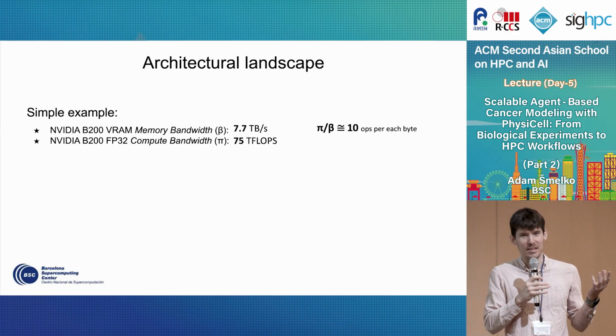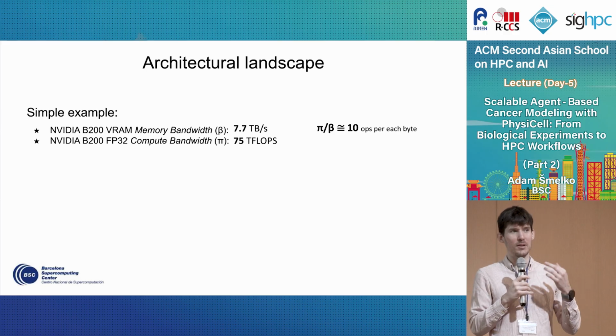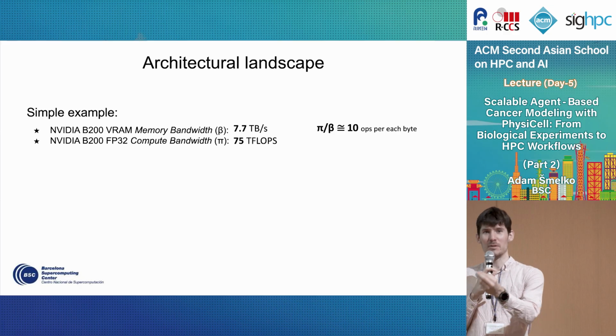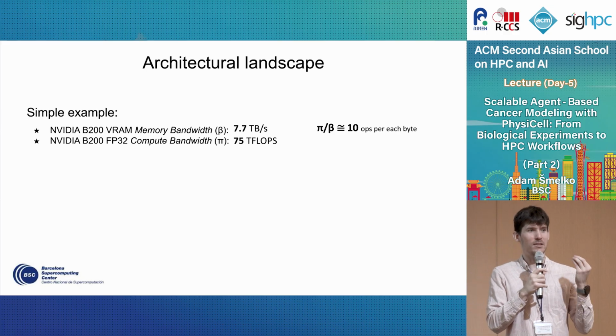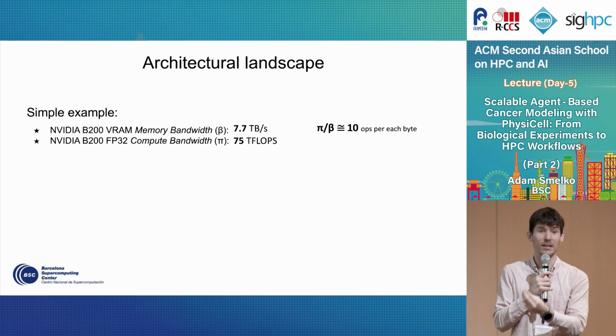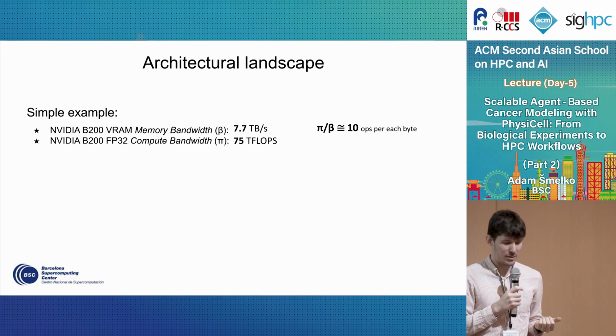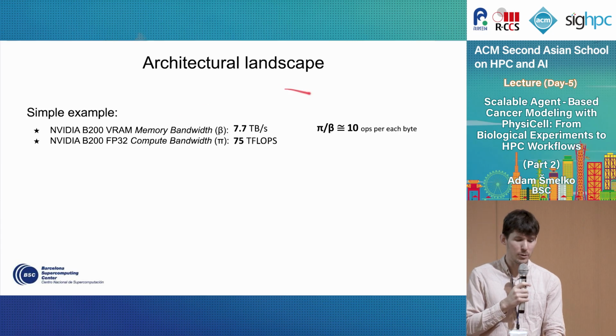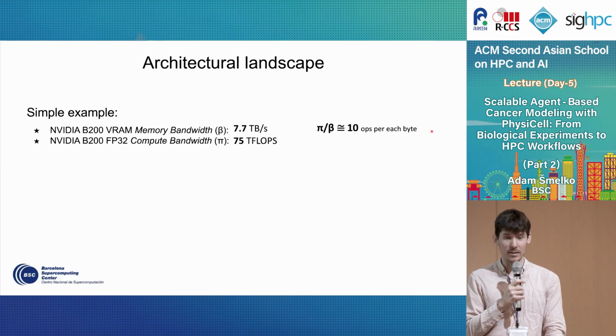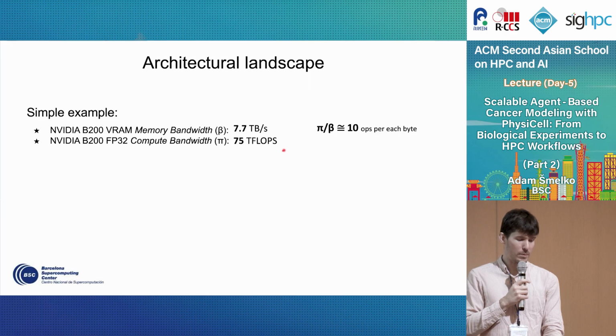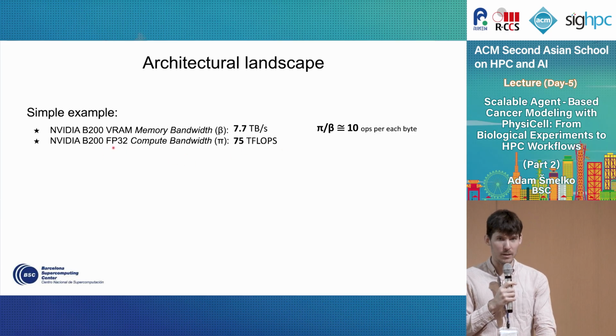This sounds like quite a lot, right? You can imagine it as taking one number from the memory, and this one number needs to be present in 10 different operations. It's quite crazy, right? And even that is not the case, because here the units are ops per byte, but our flops are not in bytes, but in 4-byte floating points.